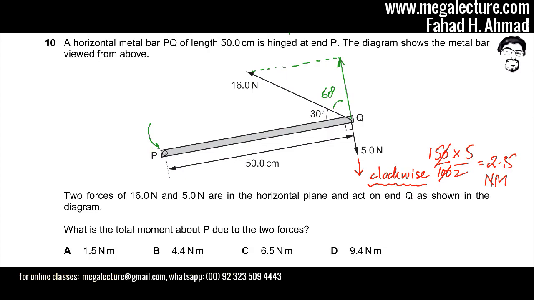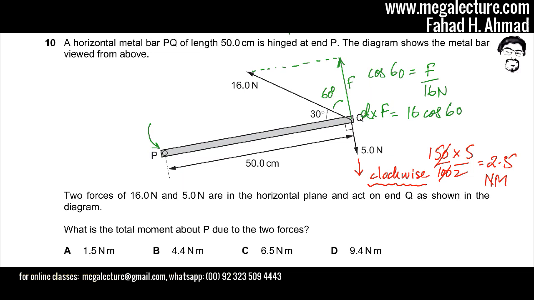The angle is 60, so if you do cos of 60, it's going to be the adjacent side, let's call this F, divided by the 16 Newton force. So cos of 60 is the adjacent side divided by the hypotenuse. So F divided by 16 newtons. So F would come out to be 16 cos of 60, and we need to multiply it by the perpendicular distance.